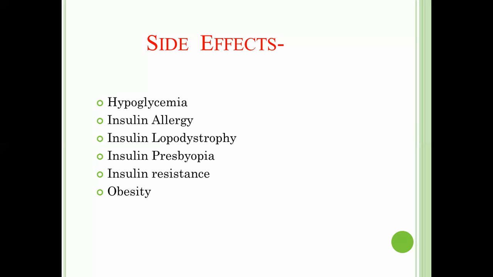Then next, insulin lipodystrophy. It is characterized by the atrophy of subcutaneous fat at the site of frequent injections. That means when these are taken parenterally, this side effect is observed. Do you know atrophy? Atrophy of subcutaneous fat or atrophy of tissue. Do you know?